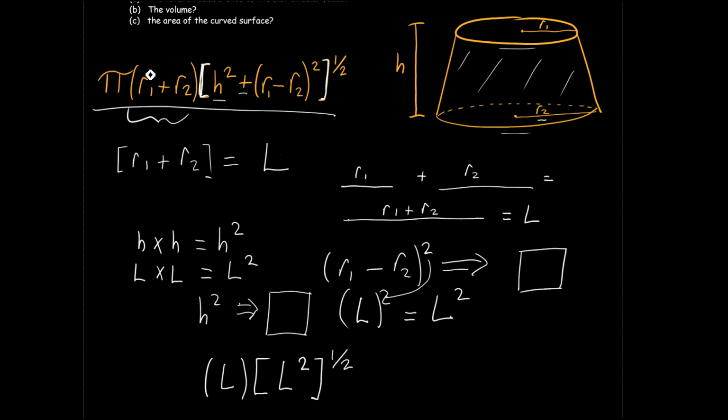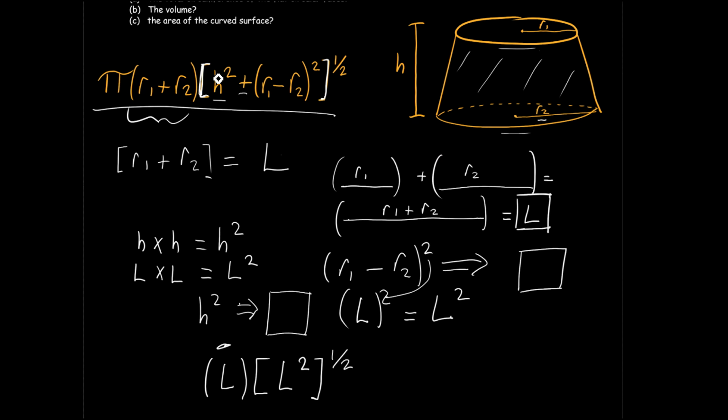So our radiuses have dimensions of length. And when you add two lengths together, it results in a length. So our first bracket has dimensions of length, which is down here.